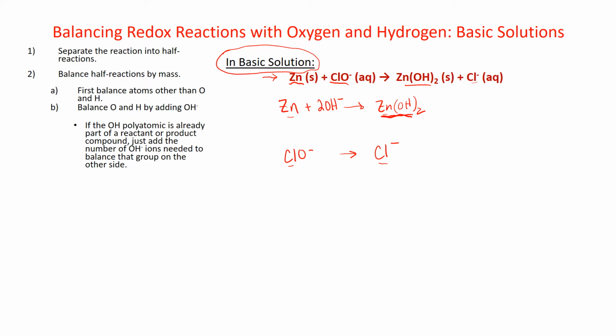So that's the simplest way that we can balance oxygen and hydrogen using hydroxide ions. If you see that one of your compounds, either a reactant or a product, has hydroxide as part of the formula, you can just add OH to whichever side needs the extra hydroxides. Don't forget the charge on that hydroxide that you add, though.